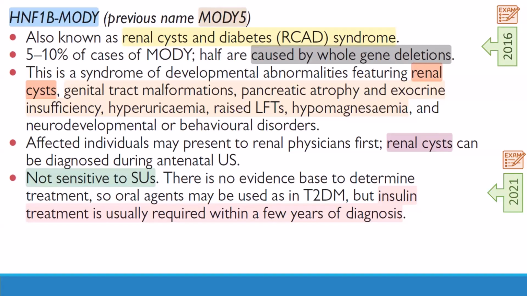It presents with renal cyst or genital tract malformation, pancreatic atrophy, exocrine insufficiency, hyperuricemia, raised liver function tests, and hypomagnesemia. But the most important thing to know is, once you see renal cyst or genital tract malformation, it is HNF1 beta. It is not sensitive to sulfonylurea; as I mentioned, it is sensitive to insulin therapy, so it should be treated with insulin therapy.